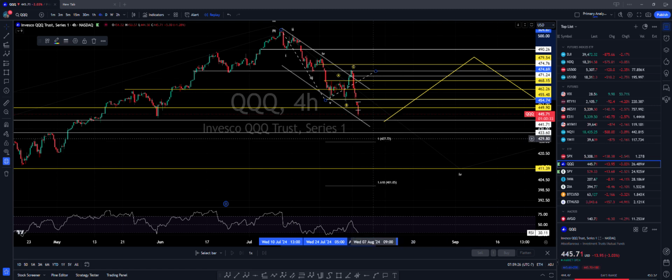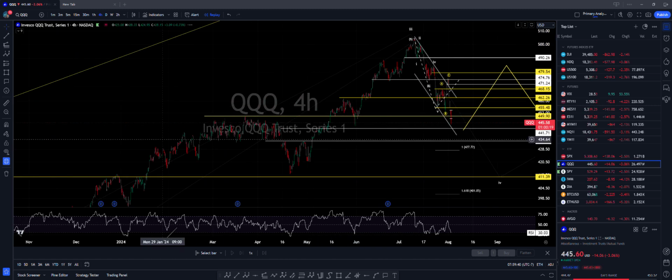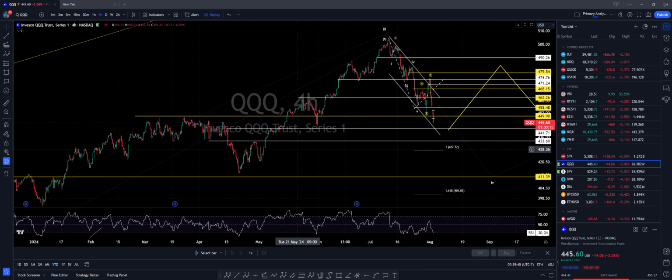Right, so 427 is an area where this becomes equal legs, right? So if it has to drop more, then 427 is the area. On the other hand, we are in this zone again, a big zone where a lot of consolidation happened. This is our demand zone here as well, right?